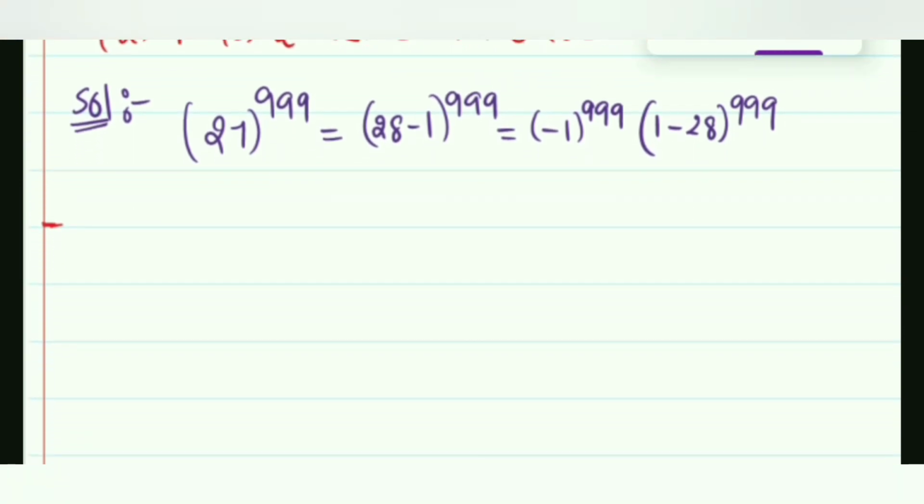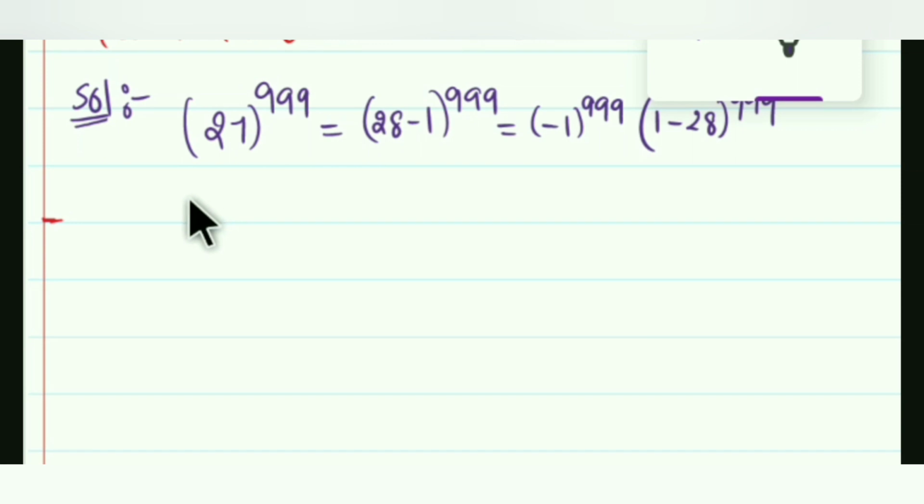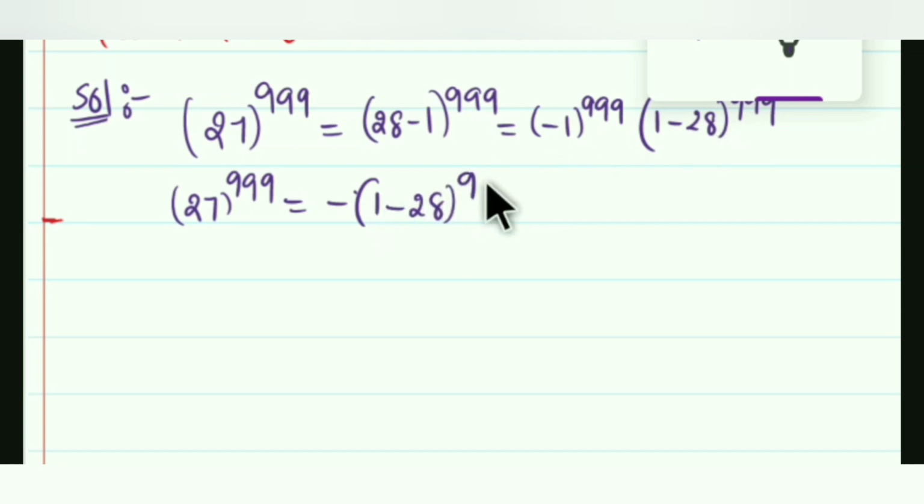Okay, so what I can do here is very simple. Next, I am writing 27 to the power 999 as minus 1 to the power 999, which is negative. So 1 minus 28 to the power 999, according to the formula, we will write it as 1 plus 28 times some integer, I1.